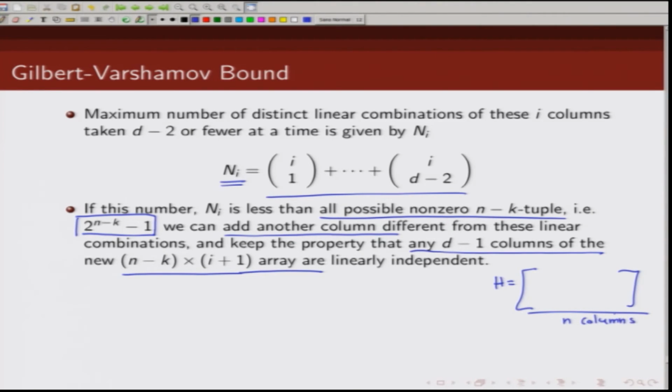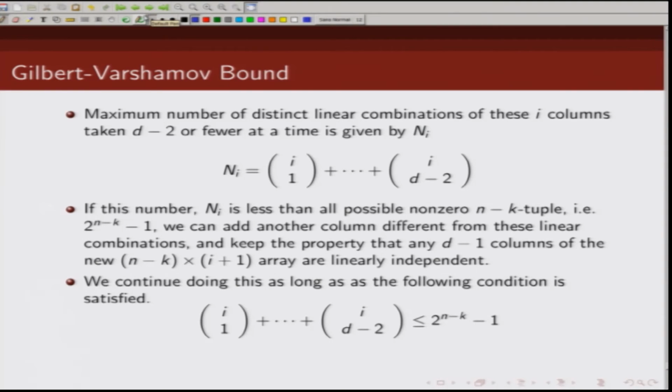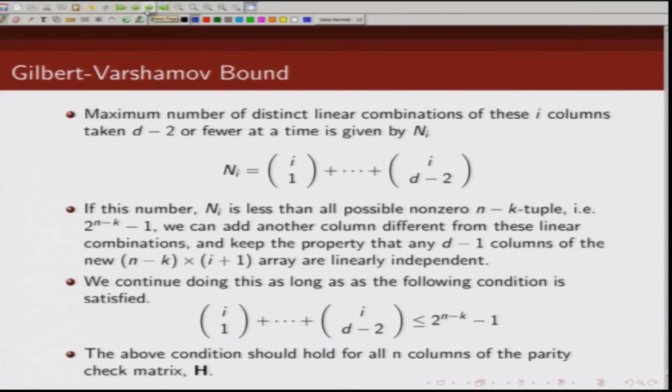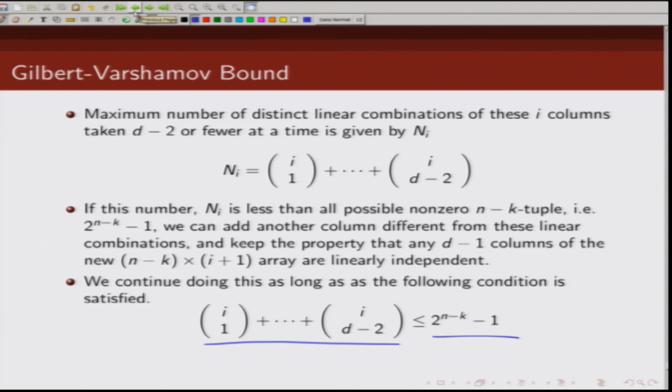So, this property that I mentioned here should hold for I equal to n. So, if we continue doing this, what we want is that this number Ni should be less than 2 raised to power n minus k minus 1, and this should be true for all the n columns of the parity check matrix. Hence, this condition should be satisfied for all the n columns, and that essentially proves our result.